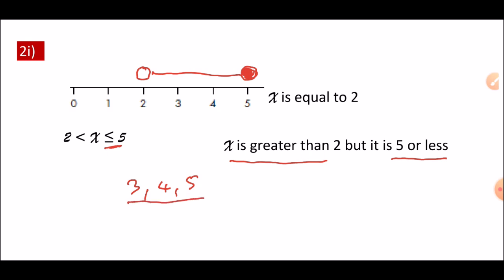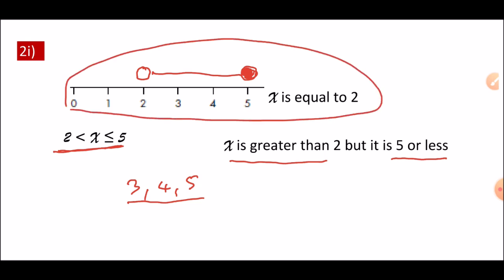So this is the inequality. This is the diagram on the number line that represents the inequality, and these are the integers that fulfill the criteria of the inequality.